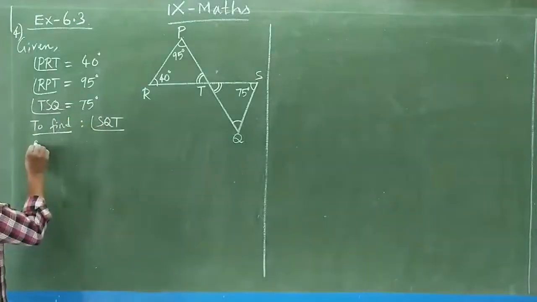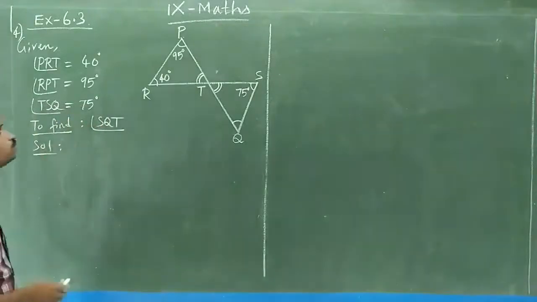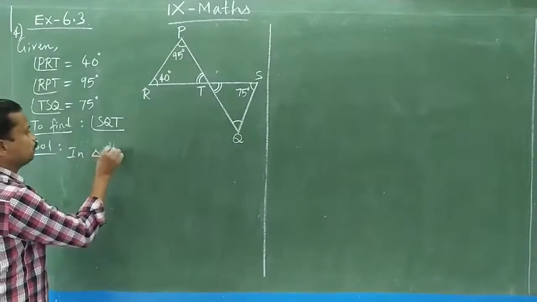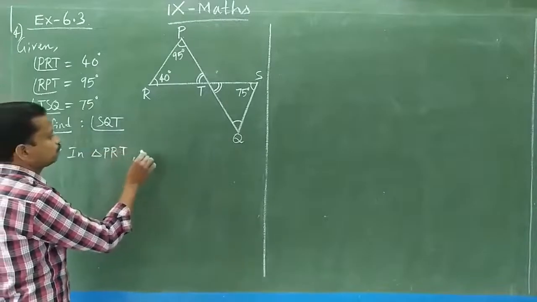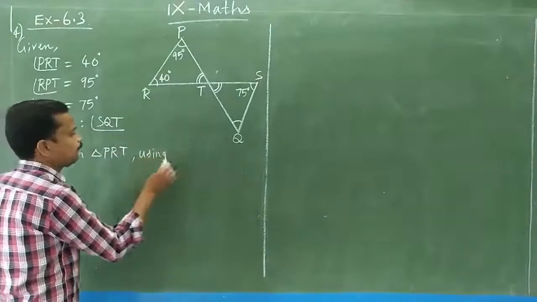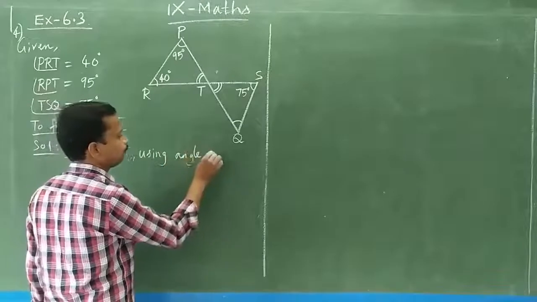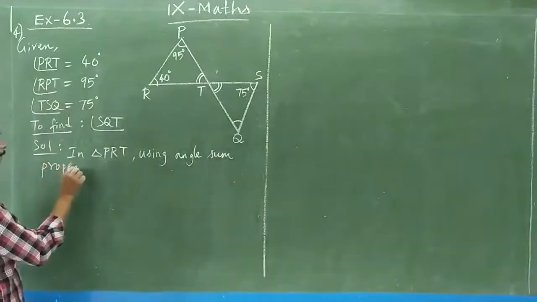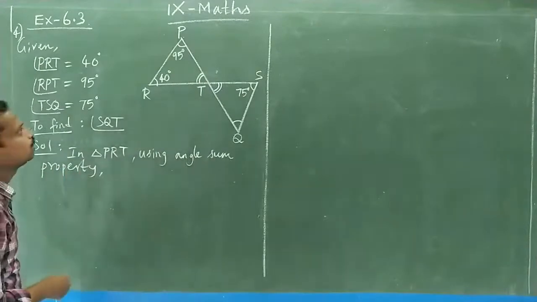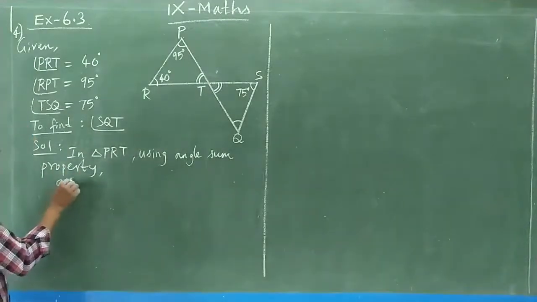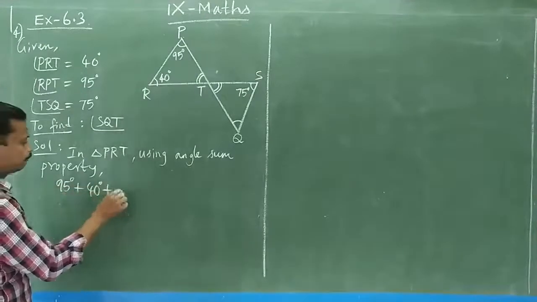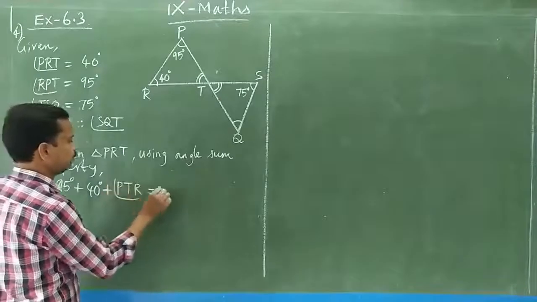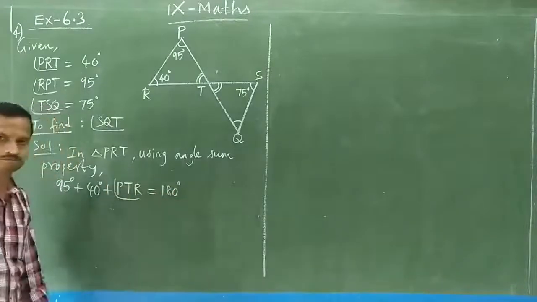Clear? So the solution part, the first one. In triangle PRT, using angle sum property, we can write 95 plus 40 plus PTR equal to what? 180. Clear?